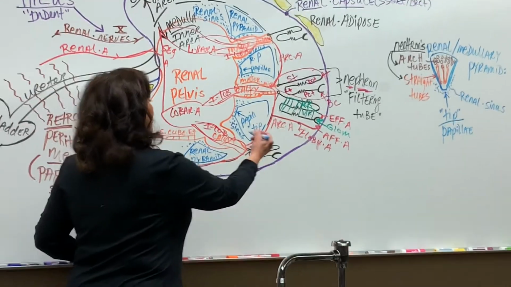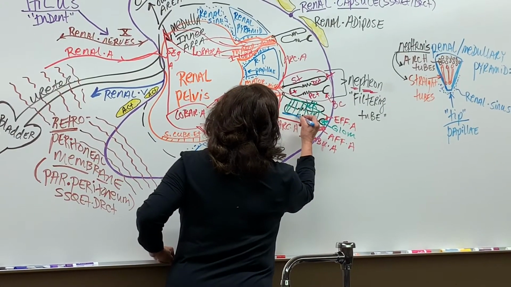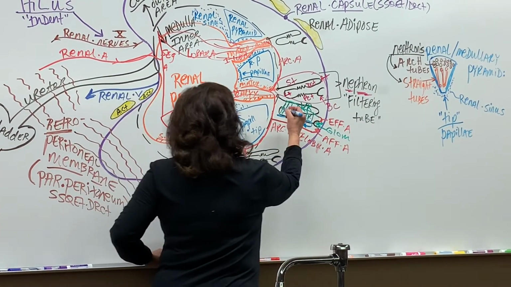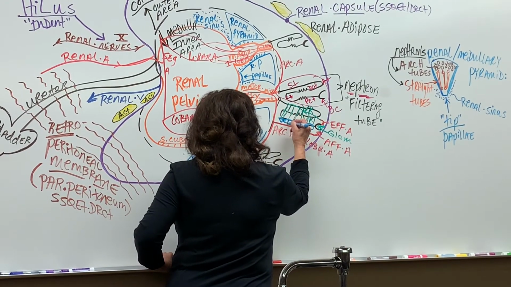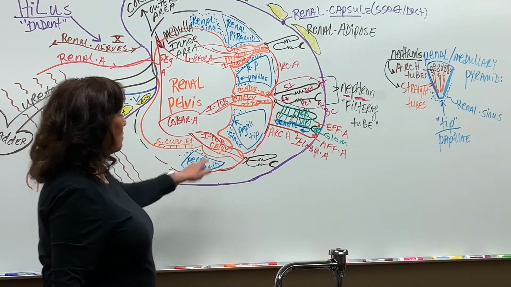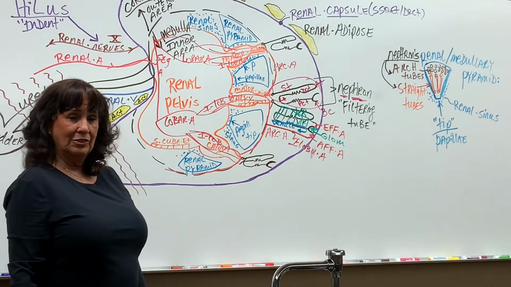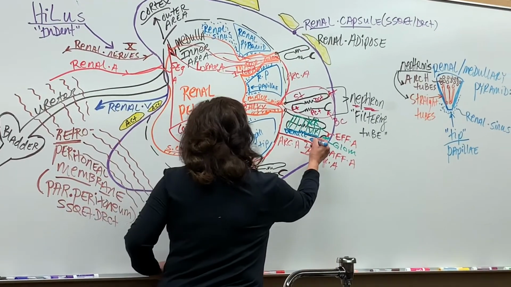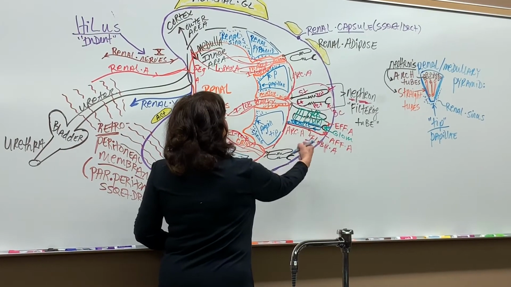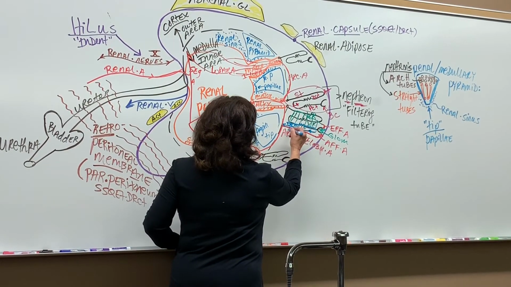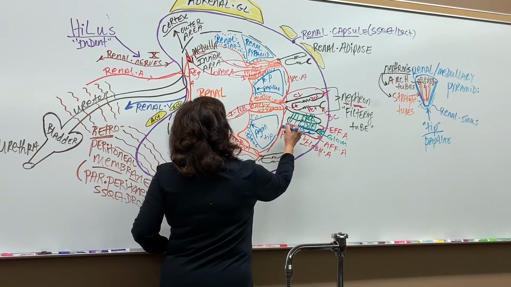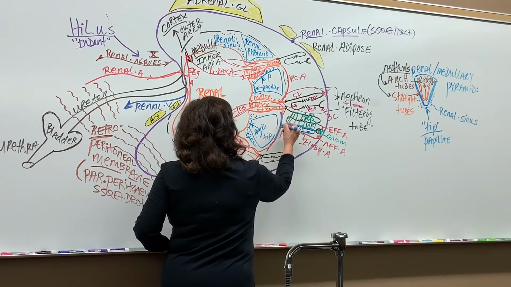And then now we're going to connect all this. Basically all of these little capillaries are going to get connected and turn around. And now that is called the venule. The venule right there is going to collect all that blood and turn it around. And then it's going to go back down right here. And so then that's called what? Interlobular vein, right there. And then it will take a ride on an arcuate vein right here.